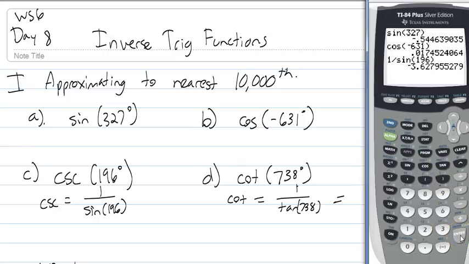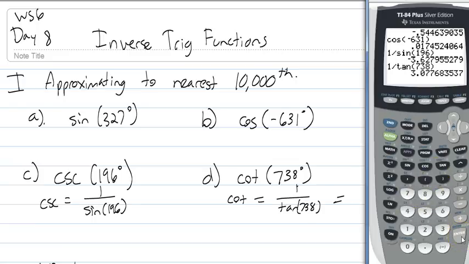And you get negative 3.6280 when you round that up. And cotangent is the same thing as 1 over tangent. So 1 divided by the tangent of 738. And there's our answer, 3.0777.